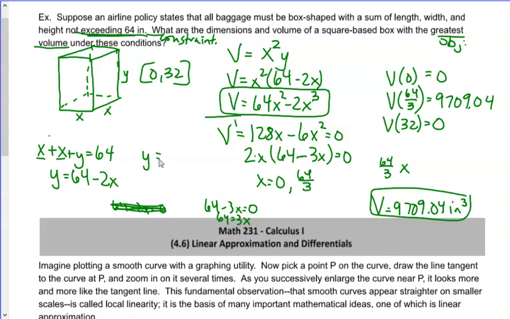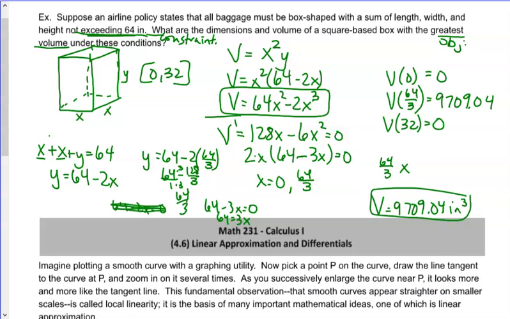So if I go y equals 64 minus 2 times 64 thirds, this is 64 minus 128 over 3. And if you multiply 64 by 3, which would give me 192 minus 128 over 3, that actually gives me 64 thirds as well.